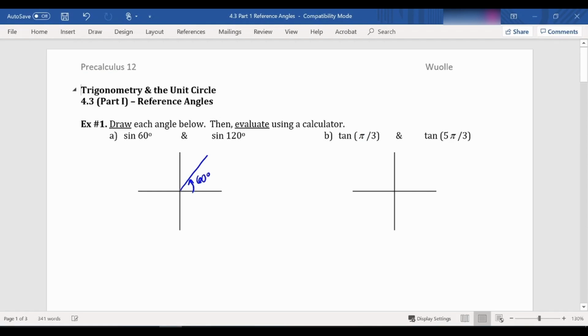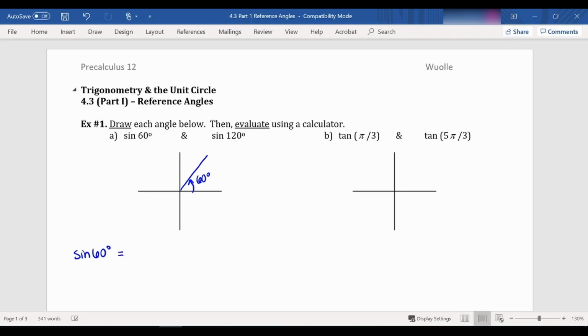Okay. And if I want to find sine of 60 degrees using a calculator, we need to make sure that our calculator is in degrees mode. And we're literally just going to type in the sin button and then 60 degrees equals. Some calculators, you might have to type the number first and then the sin button. So you do need to make sure you know how to use your calculator.